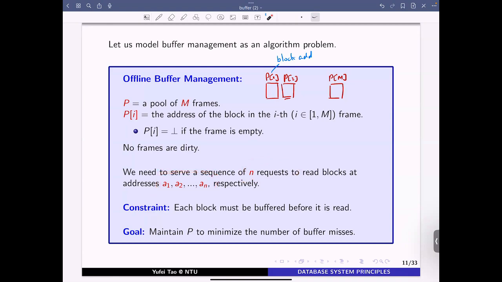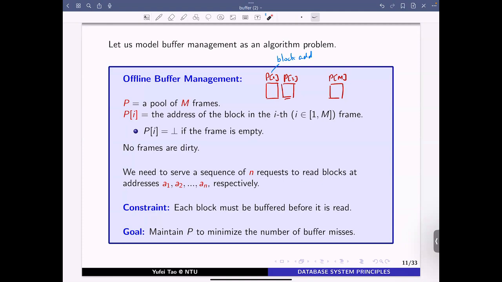This is really an offline problem, because in reality you don't know this online. But let's say we're omniscient: we can predict perfectly the addresses that will be accessed in the future. And all of these requests are read requests.